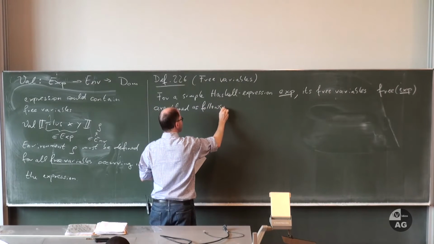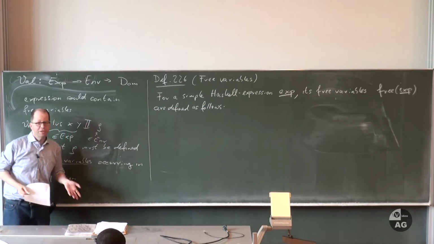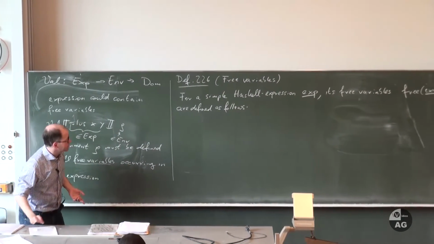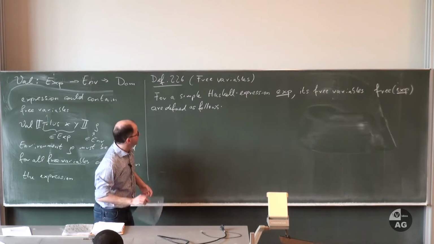And well, to make life simple, we define the whole semantics first only for a subset of Haskell, namely simple Haskell. And so here we only look at simple Haskell expressions.